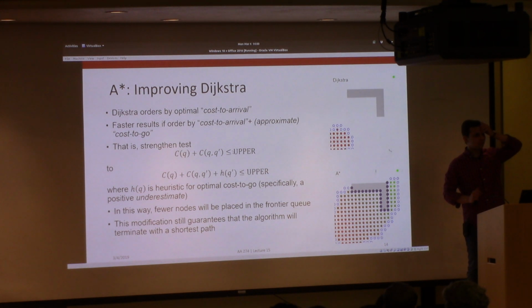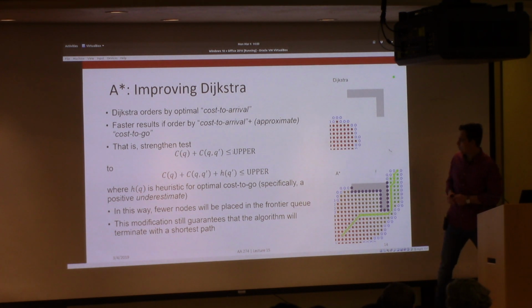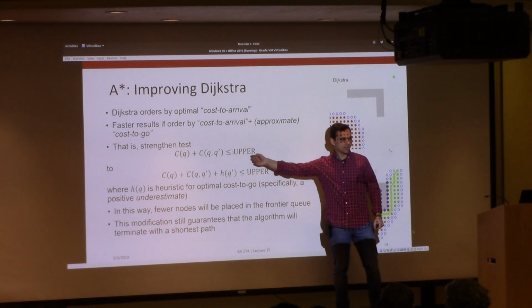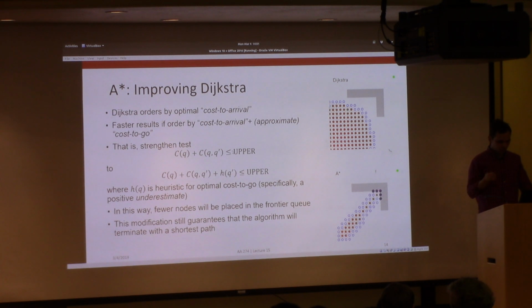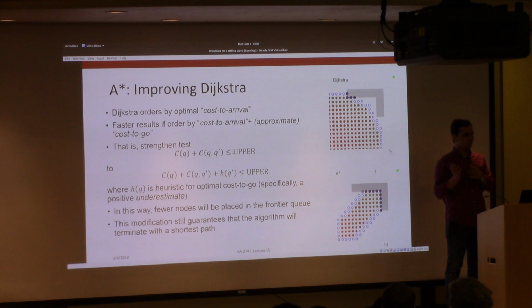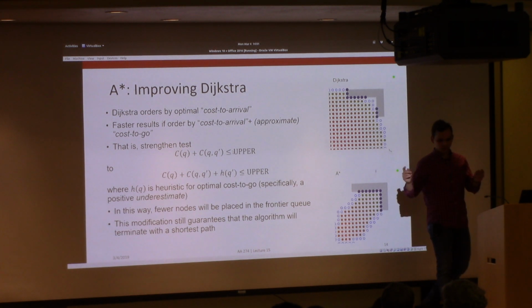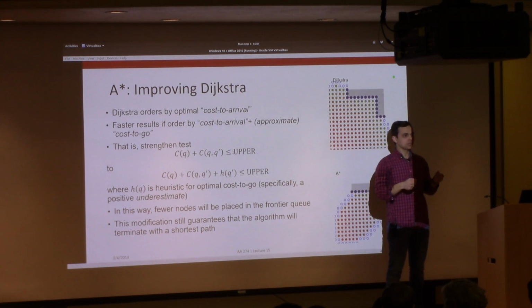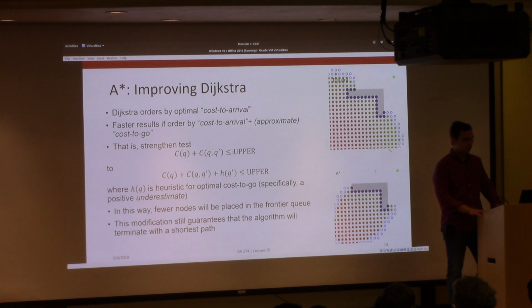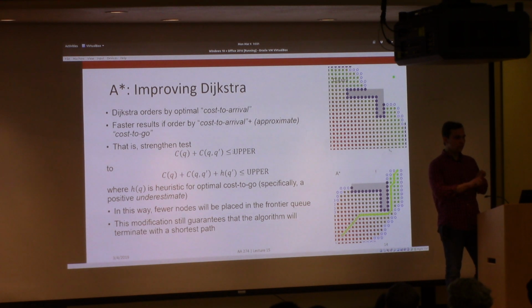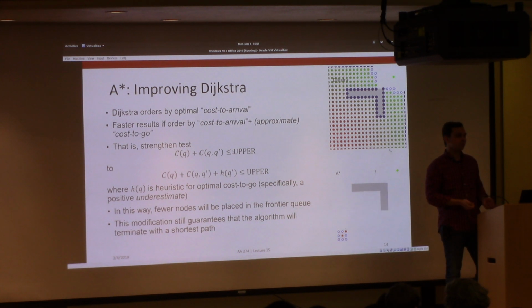Sir, what does upper represent here? The upper, so for instance, you may have already some notion of how costly it will be to reach the target position. Let's say you have some upper bound on the cost of the solution to the problem. So if you find a vertex through which the cost will be already larger than this, it's not worth exploring.